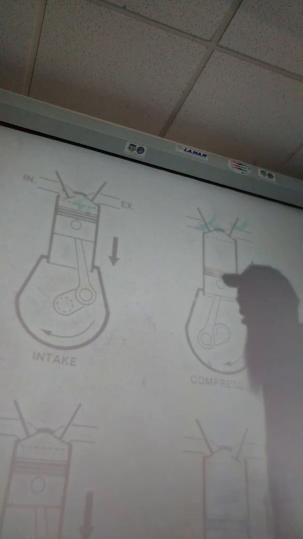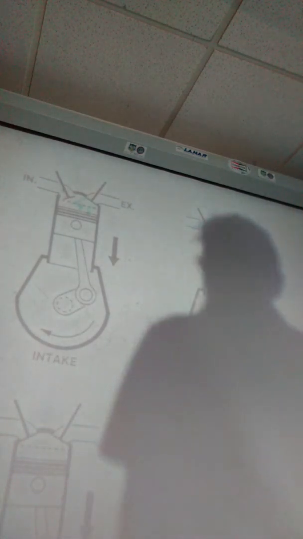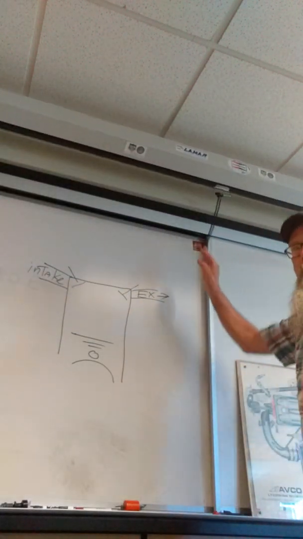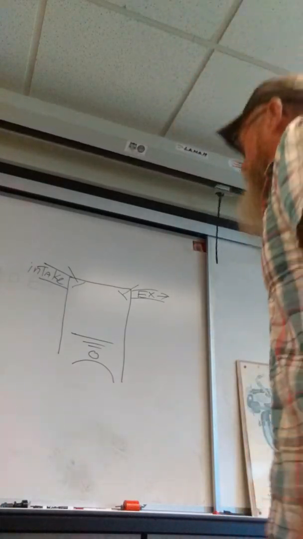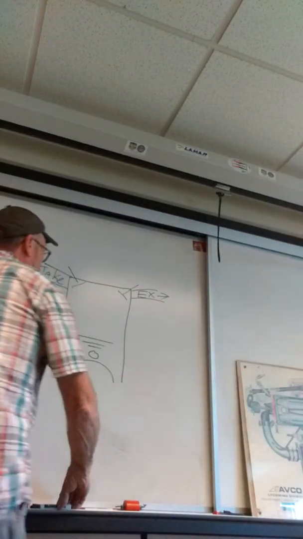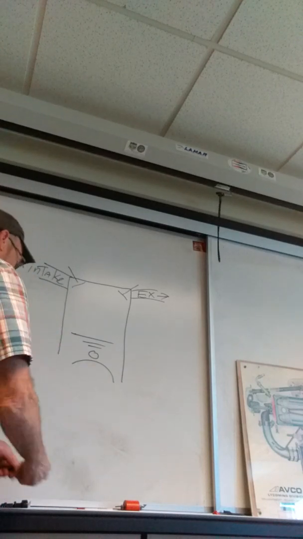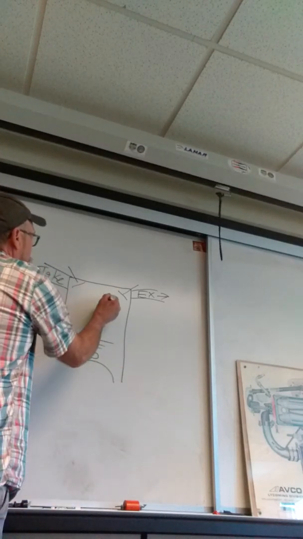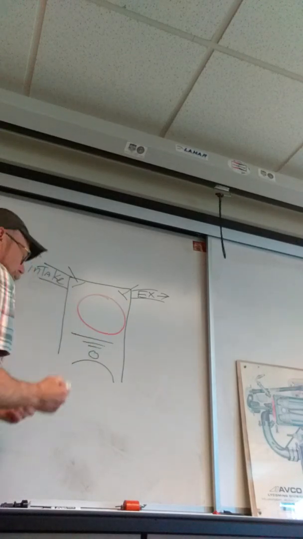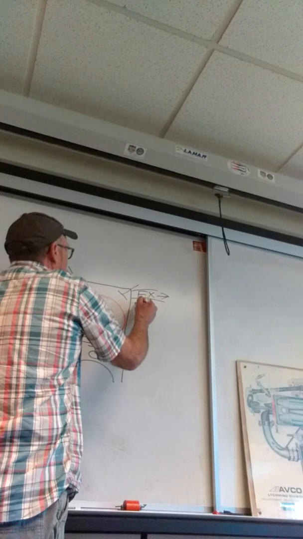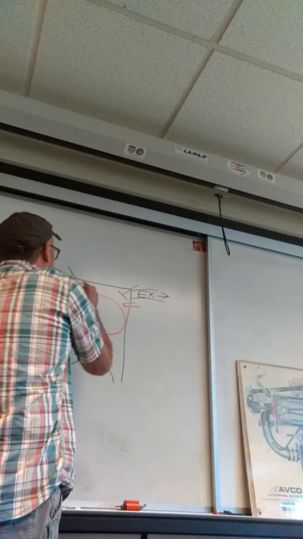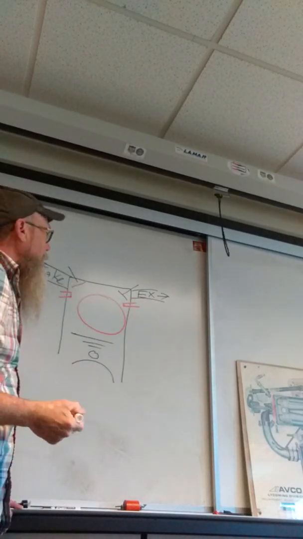Then we're ready for the ignition event. Let's make sure you can see my little diagram here. I think you should be able to see that pretty well. So here's the same cylinder where I have drawn in my fuel-air mixture. In our aircraft engines, we have 2 spark plugs, one on each side of the cylinder.